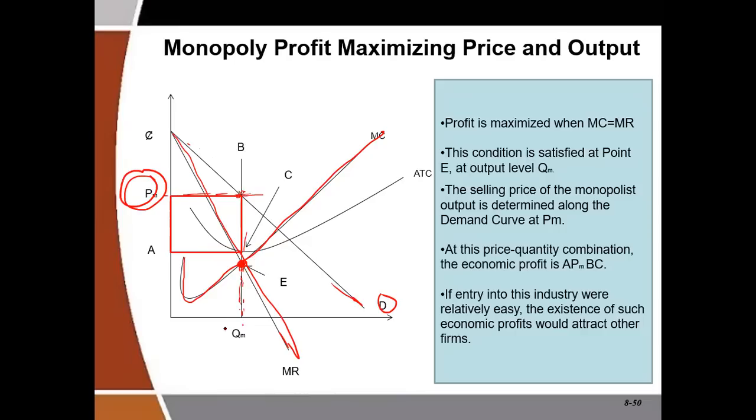Once I trace the quantity that is gotten from the intersection between marginal cost and marginal revenue to the demand curve, I'll get my price. Okay, so this is the equilibrium price, this is the equilibrium quantity. All right. So that is how we determine it for a monopolist.